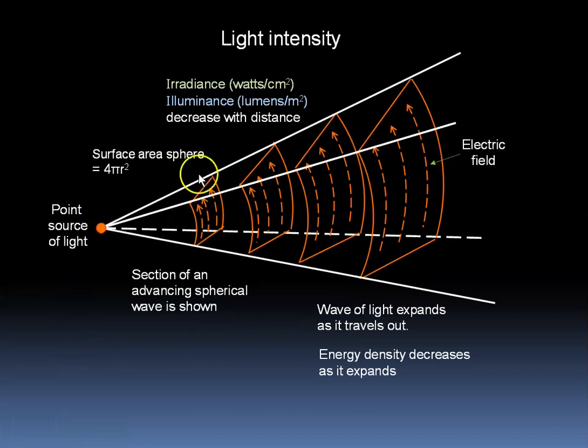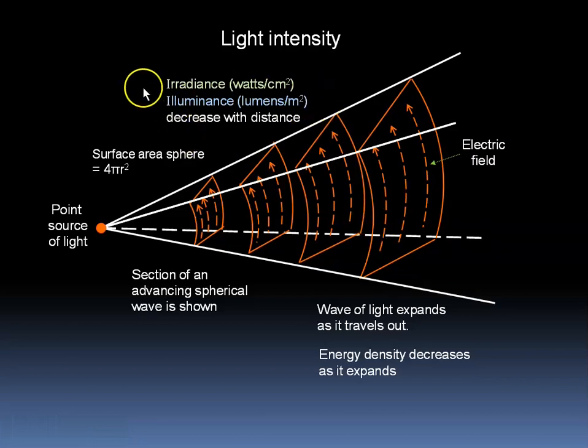As waves of light move out from the point of origin in a spherical manner, the surface area increases. The electric field density per unit of surface area, therefore, decreases. The irradiance, which would be the power shown in watts per centimeter squared, would be a way of measuring brightness.